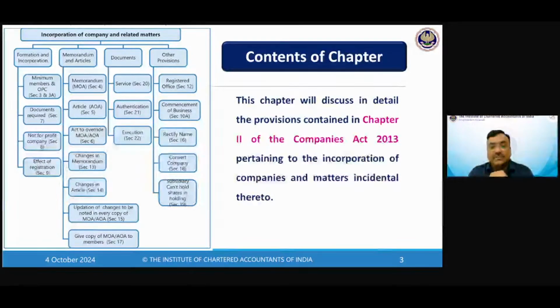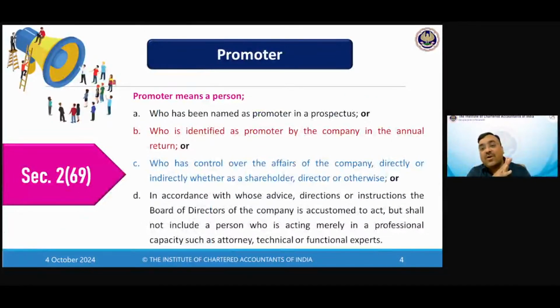So let's start with the first point of this chapter, which is promoter. Actually, in the Companies Act 1956, there was no definition of promoter. The promoter word was used in that act, but not defined.